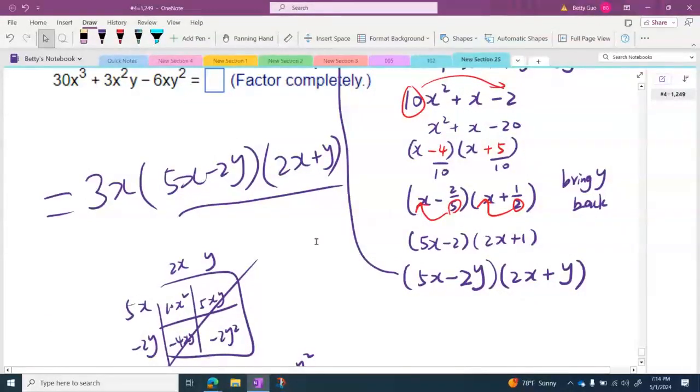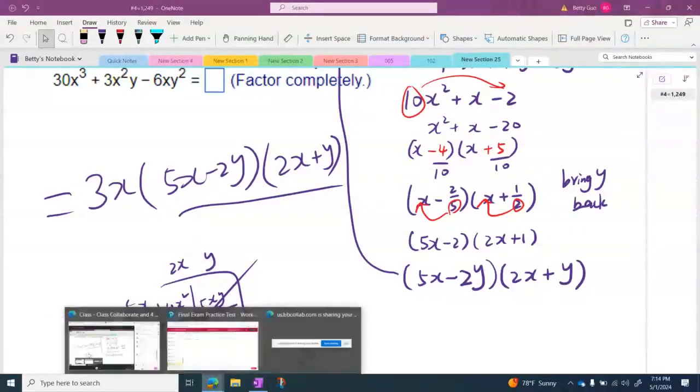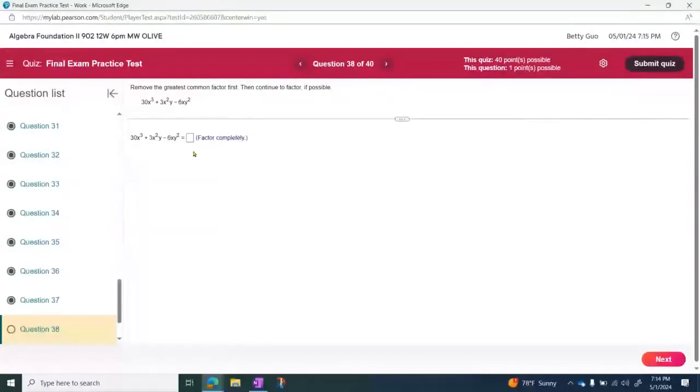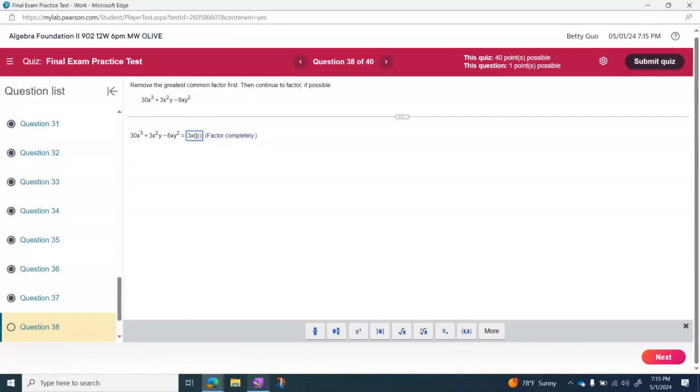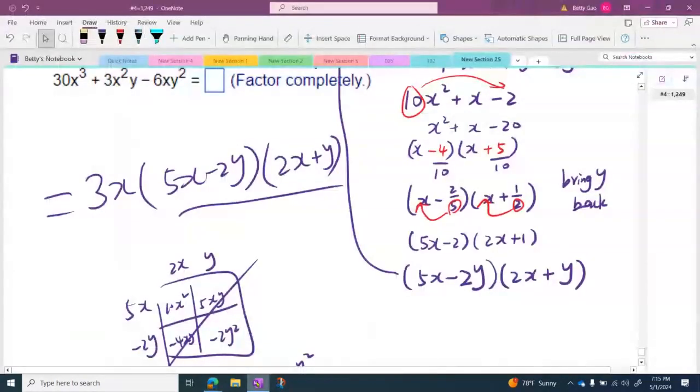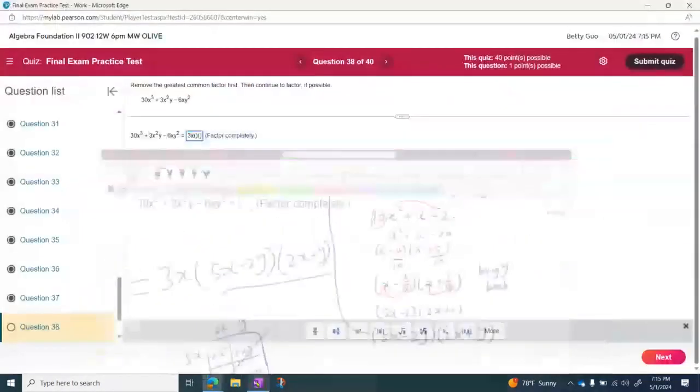5x minus 2y, 2x plus y. Okay, let me enter 3x on the outside. And then we're going to have parentheses times parentheses. In the first parentheses, we have 5x minus 2y.